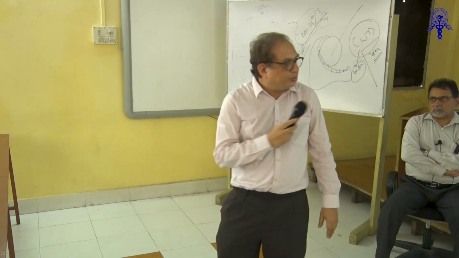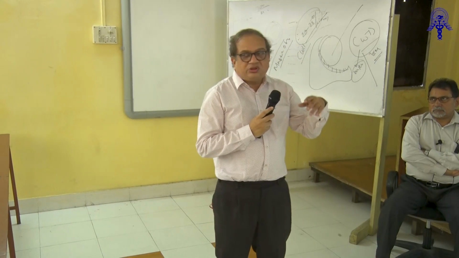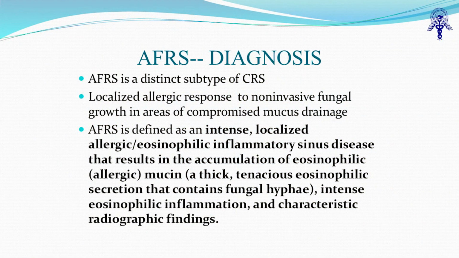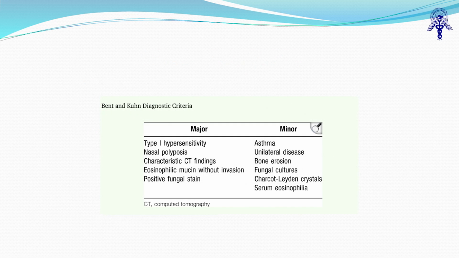Okay, about my topic. As you know, we have already made the diagnosis of AFRS, and the Bent and Kuhn criteria is important. The set of 5 diagnostic things like major and minor criteria, you may be asked about this.